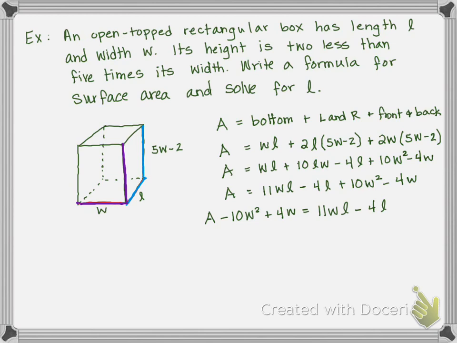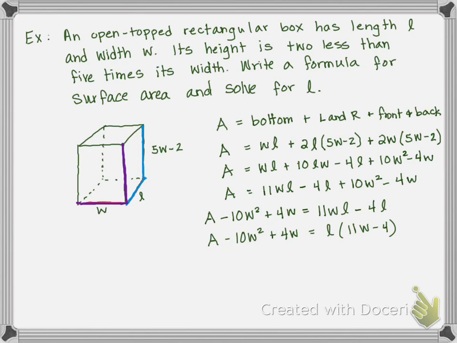So now we've got all constant terms on the left, all terms that contain L on the right, so we can factor out an L. And we have this whole mess equals L times (11W minus 4).